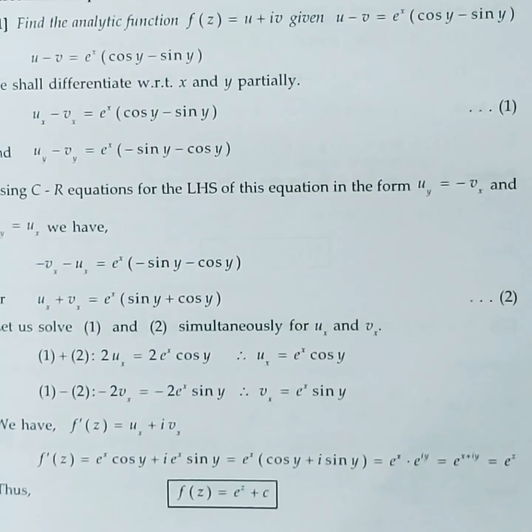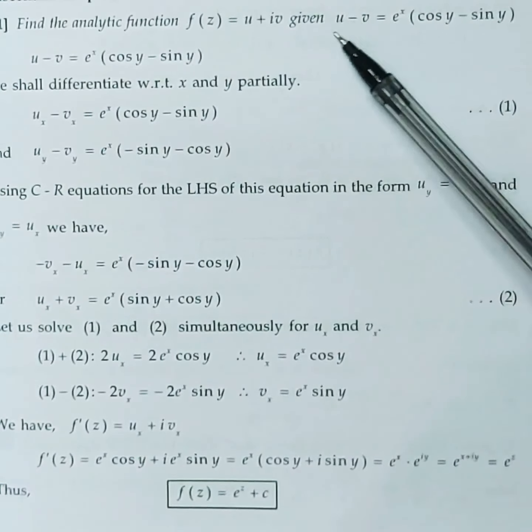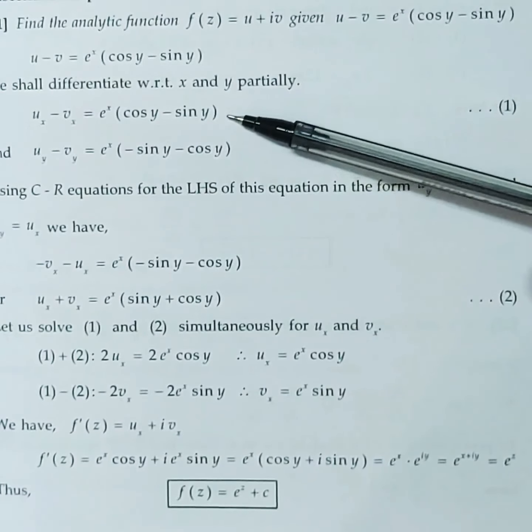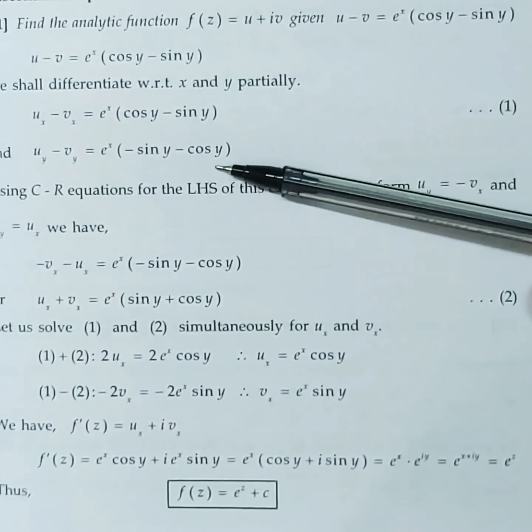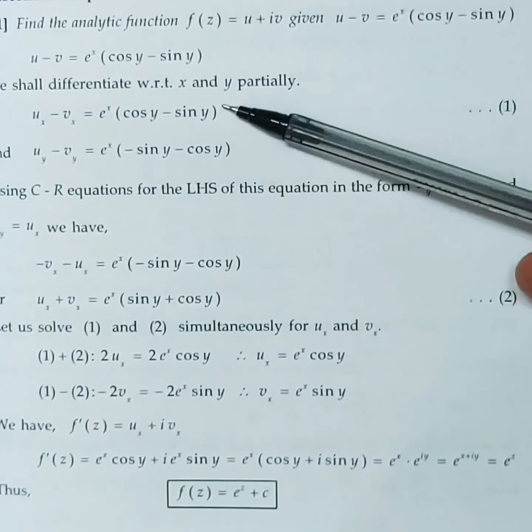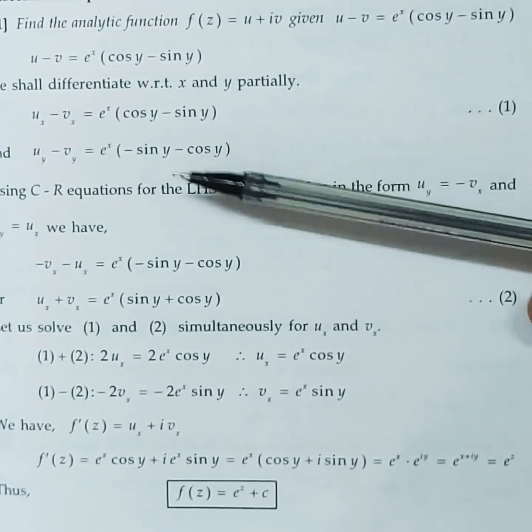Now see this problem: u minus v is equal to e power x into cos y minus sin y. Find the analytic function. Okay, so it is in Cartesian form. So what do you have to do? Partially differentiate with respect to x, partially differentiate with respect to y, and then use the CR equation in any one.